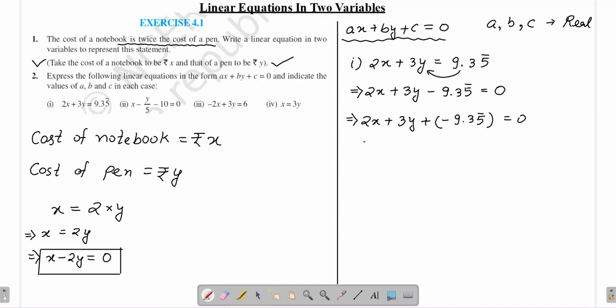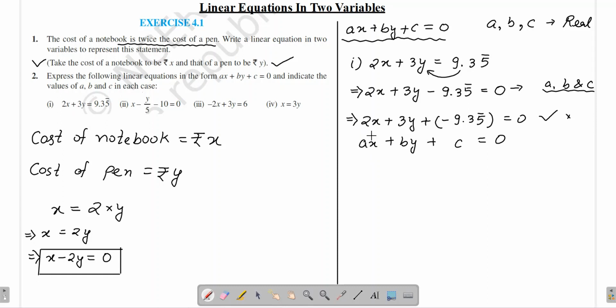Just to get a good comparison with ax plus by plus c is equals to 0, I have written it in this form. If you wish, you can avoid this step also. From here directly you can write the values of a, b and c. Just to make everyone understand what we are doing over here, I have written it in this form.